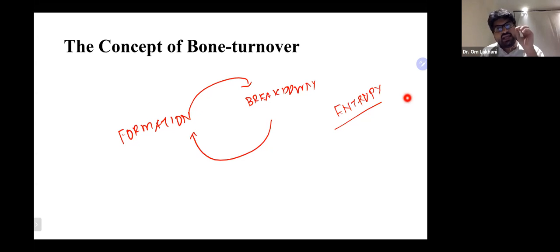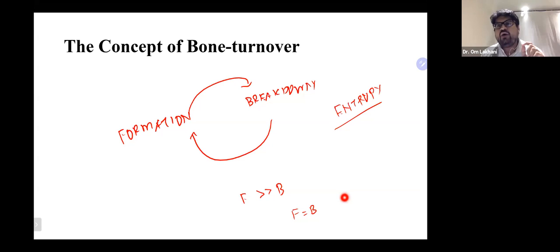And hence, like any other system, the system of bone turnover is also not a perfect system. At certain points of time, the formation is more than breakdown. That typically happens in a growing age. When you have young children, the bone will grow, the formation will be more than the breakdown. There will still be a cycle, but the formation precedes the breakdown. Then there is a period where the formation is equal to breakdown.